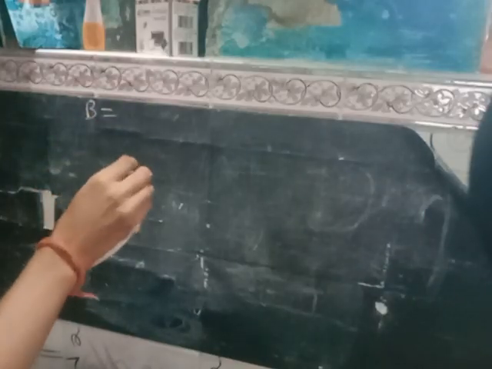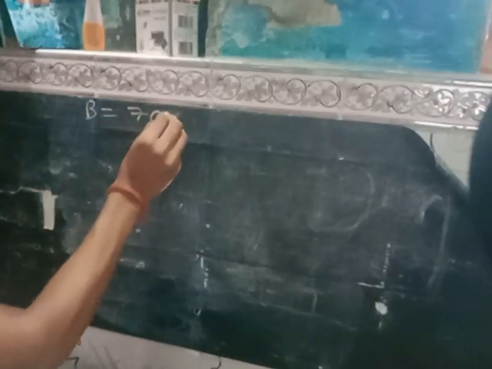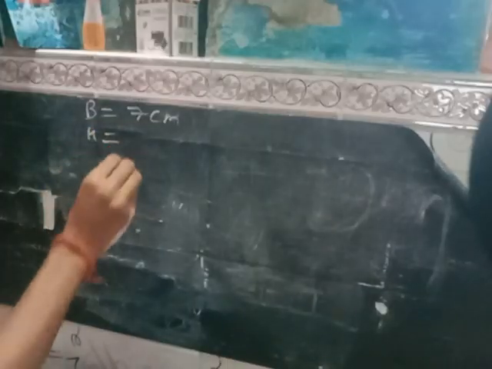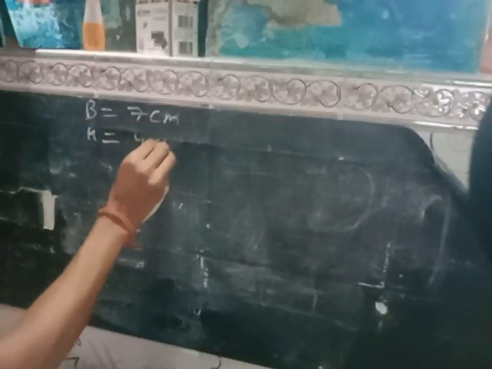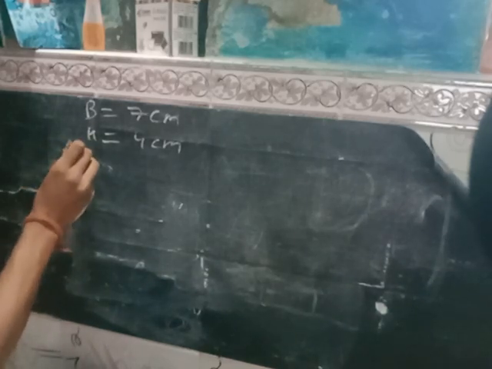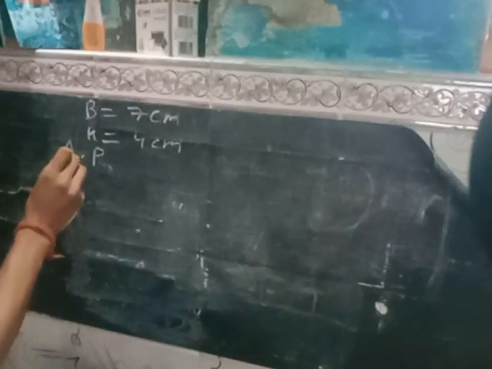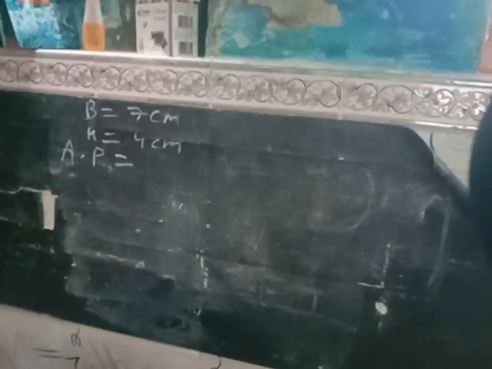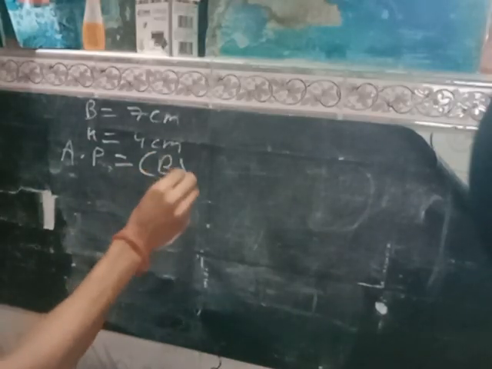So I take a question where they tell us to find the area of a parallelogram whose base is equal to 7 centimeter and height is equal to 4 centimeter. Area of a parallelogram is equal to base into height.